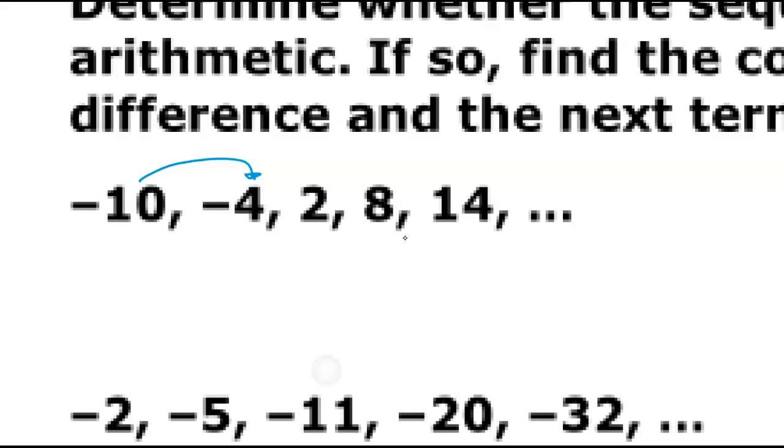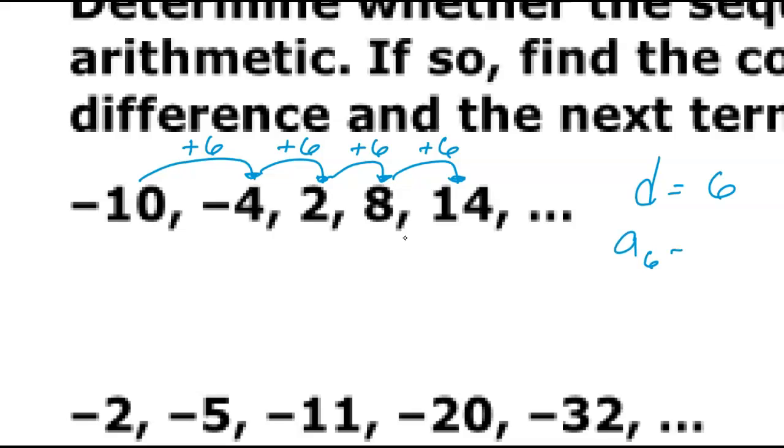Adding 6. You're adding 6. There we are. What about negative 4 to 2? 6. Good. There we go. 2 to 8. And 8 to 14. You need to make sure that you're having the exact same common difference each time. So our common difference here is 6. And what is the next term? 20. You just add 6.